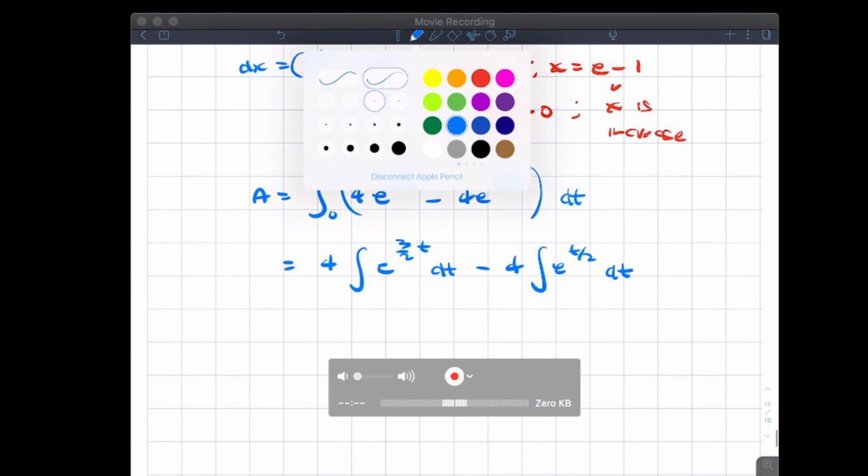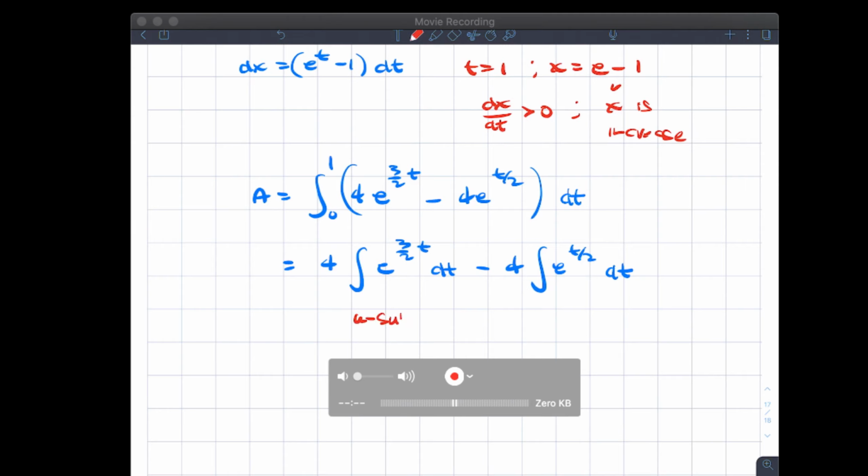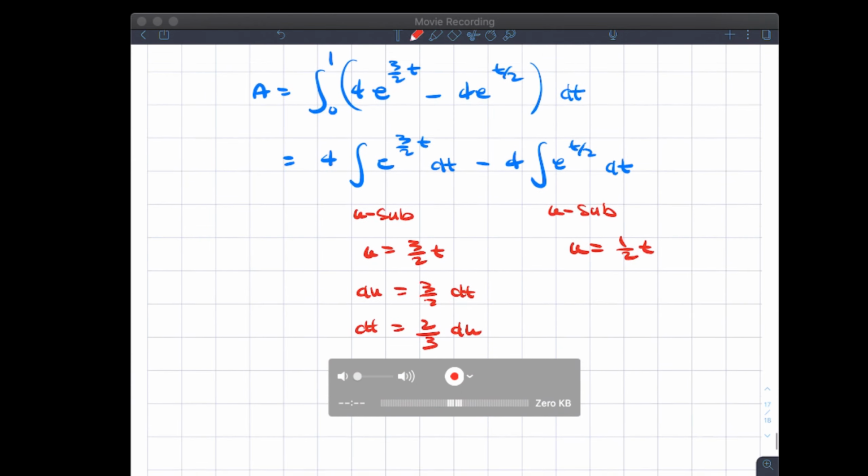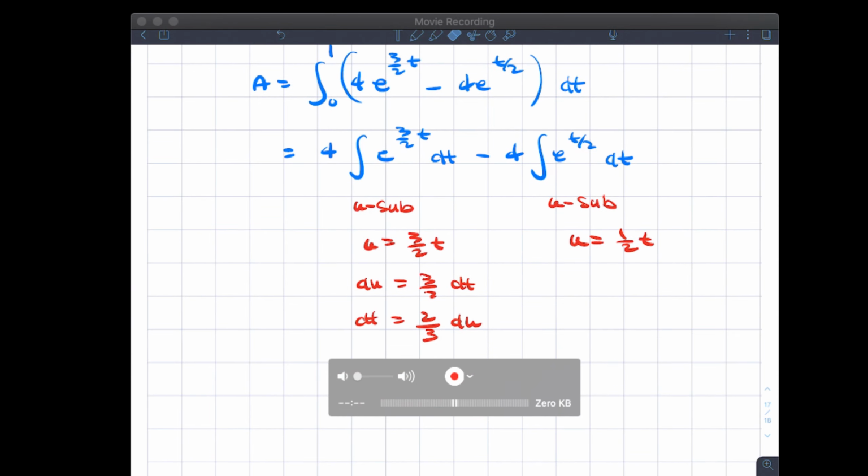So for each of these integrals now, you guys want to use u-sub. Here u is 3/2 t, and here u is 1/2 t. So du is 3/2 dt, or we can say dt is 2/3 du. And here du is 1/2 dt, or we can say dt will be 2 du. So we can replace that.